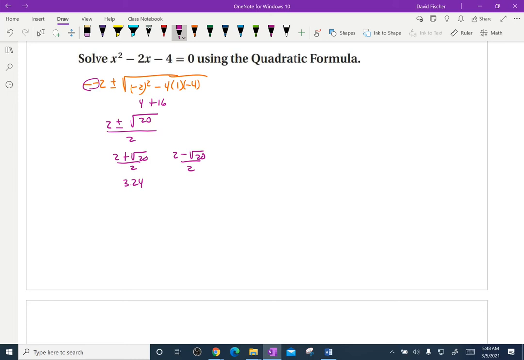And now I got 2 minus the square root of 20 divided by 2. And I'm getting a -1.24. So it's an "about," because we rounded it, okay? Not exact answers. So hopefully you got that one.